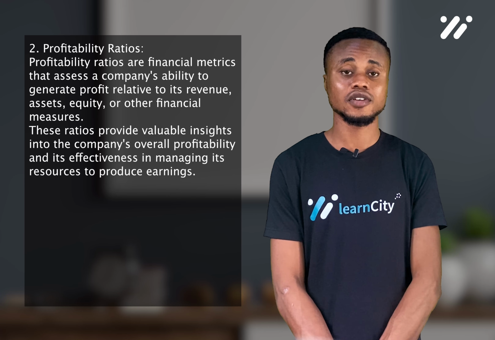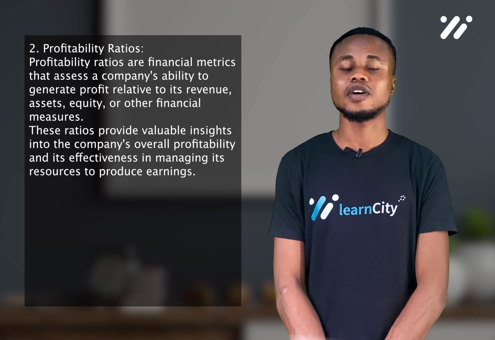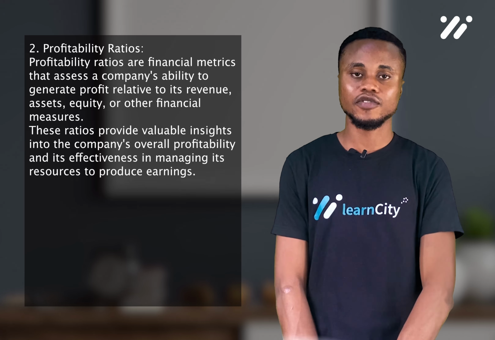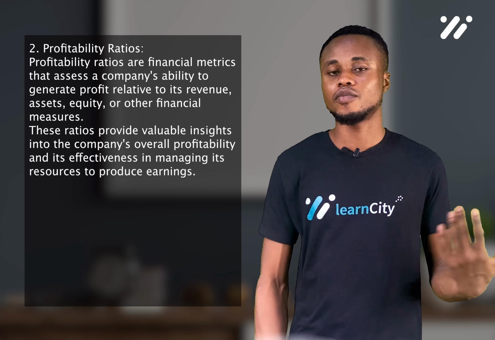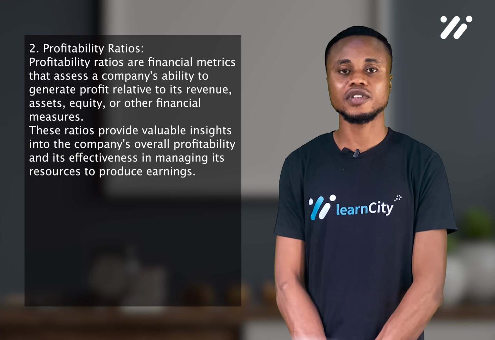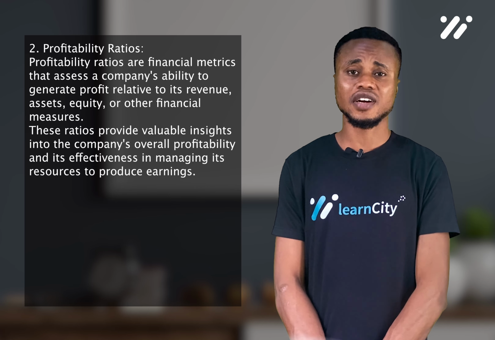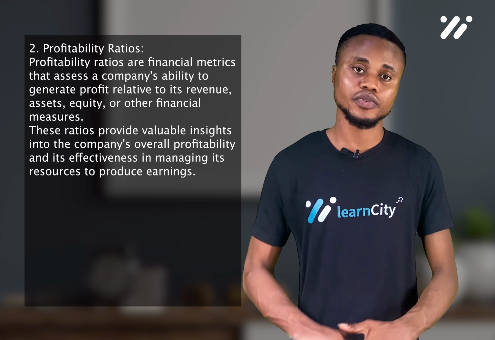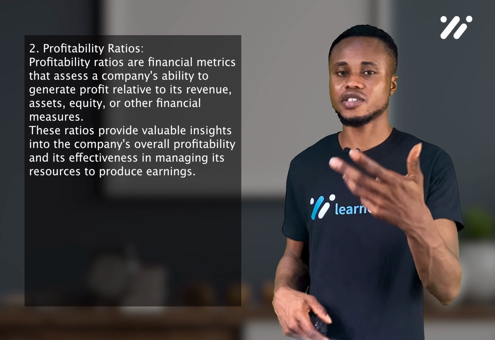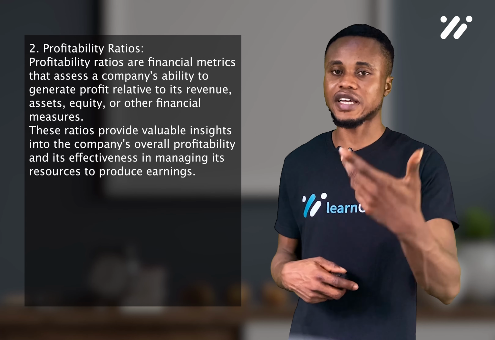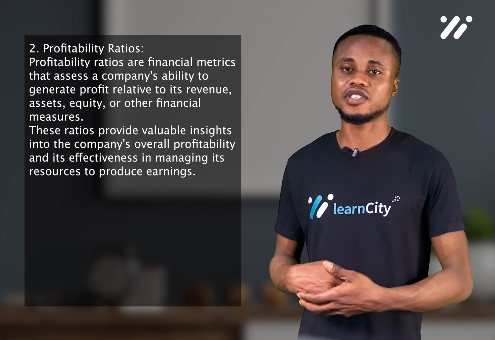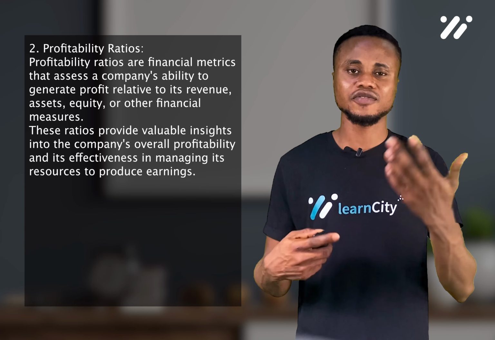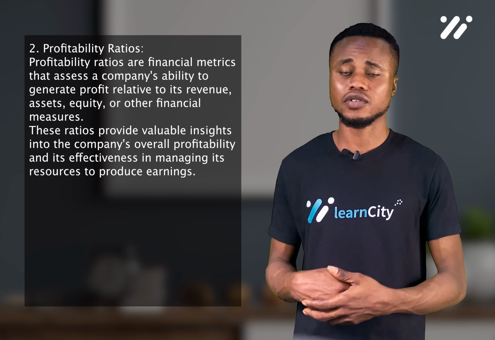The second ratio is the profitability ratio. And of course, I'm going to give the formula for profitability ratio, but let me talk about the meaning first. Profitability ratios are financial metrics that assess a company's ability to generate profits relative to its revenue, its assets, its equity, or other financial measures.